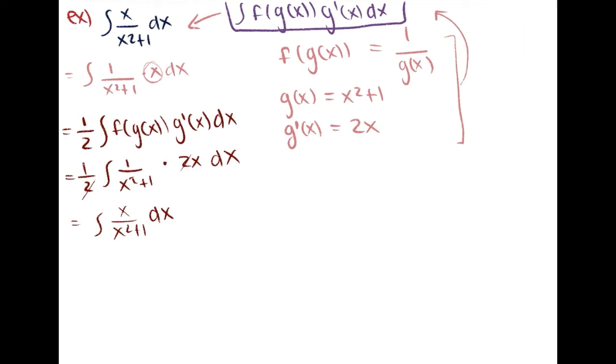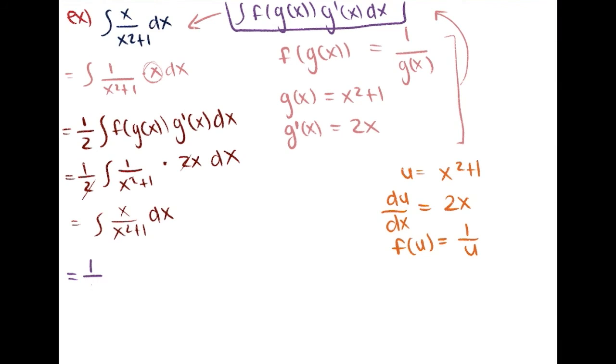So let u equal x squared plus 1. du dx is going to be 2x. And then our f of u is going to be 1 over u. And so don't forget the half, right?